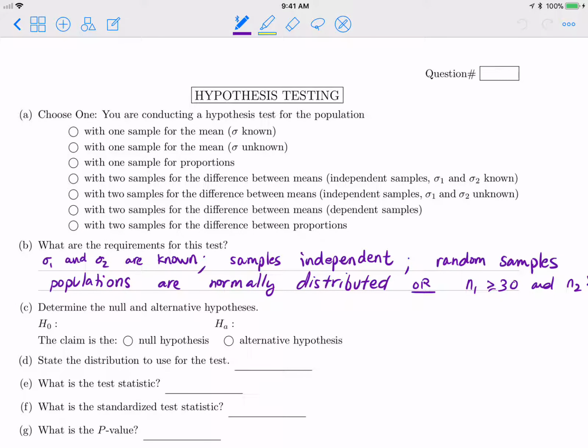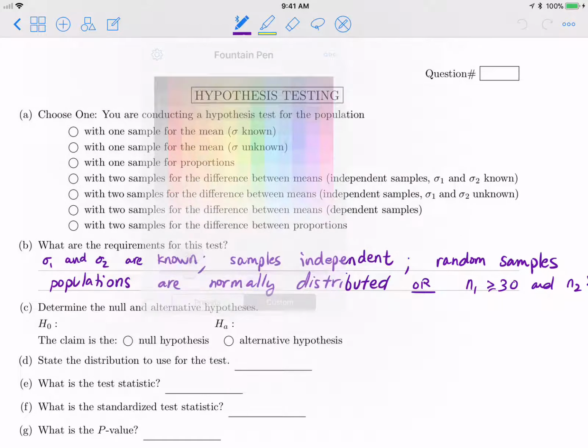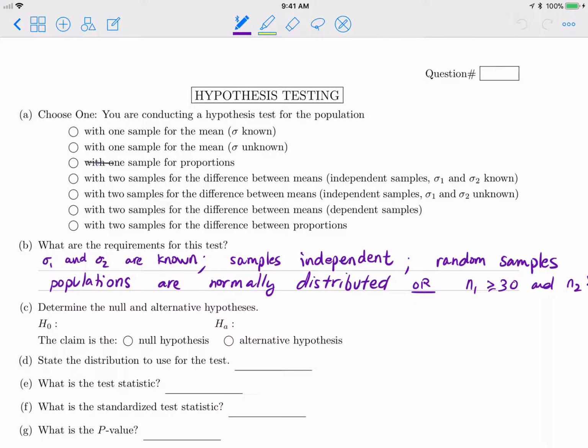Since we have 2 samples, it's not going to be the first 3 options. We're not doing proportions, we're doing difference of means, the mean amount of credit card debt. We've got independent samples, and sigma 1 and sigma 2 are known, so that is our choice. We highlight this option.